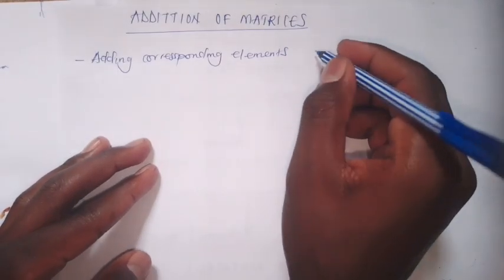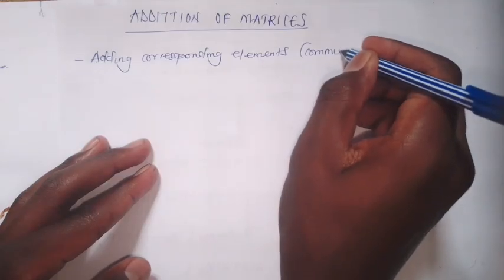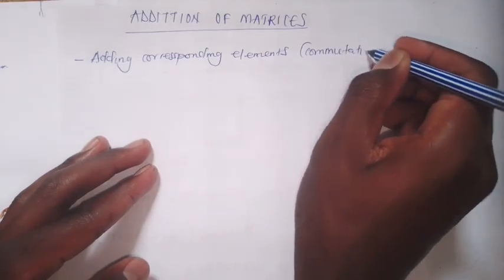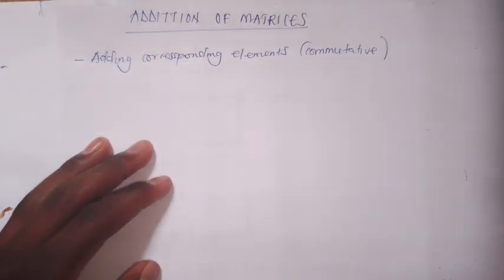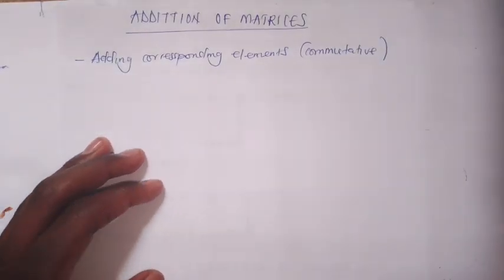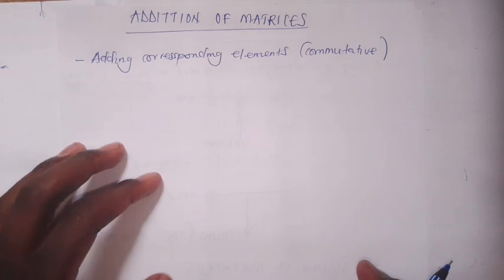Then addition is commutative. So what do we mean by commutative?